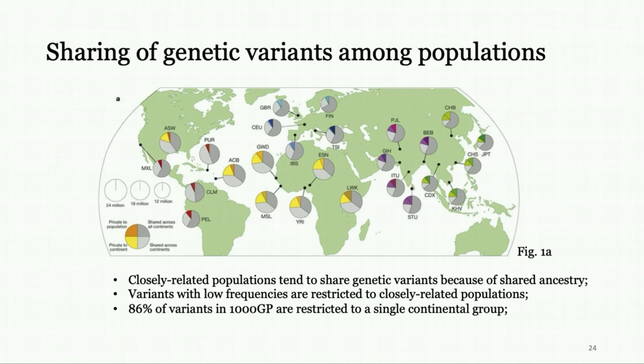And most of the variants we found, because they are very rare, tend to be restricted to a local region. So we were only talking about the number of genetic variants.